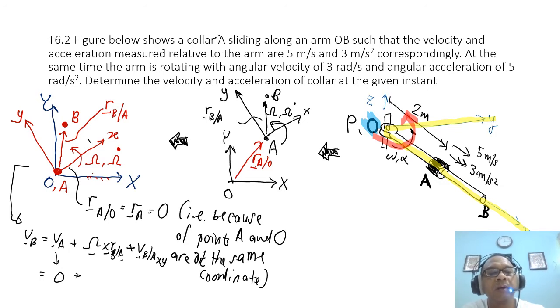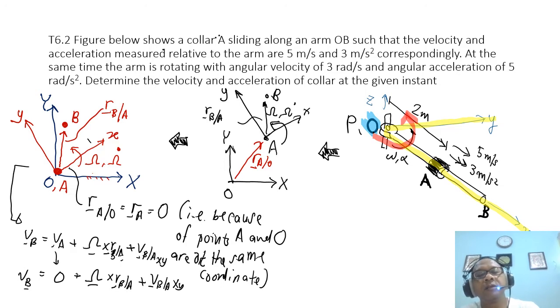Similarly, it just becomes omega cross position vector B relative to A plus the relative velocity. So that's how we understand this system.